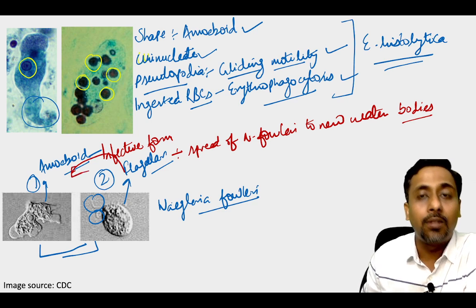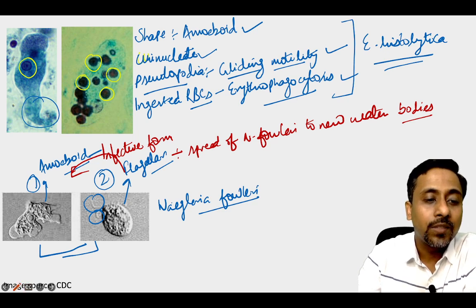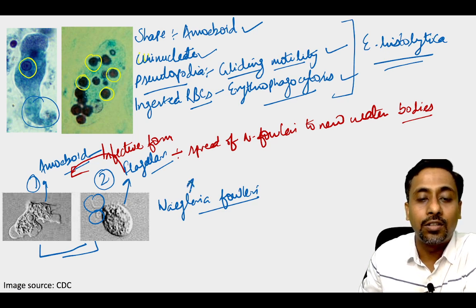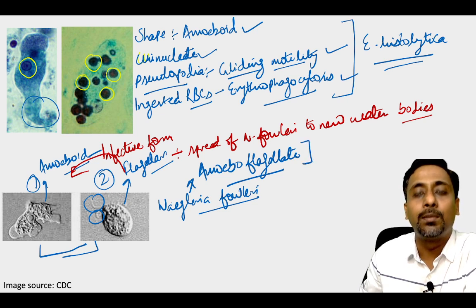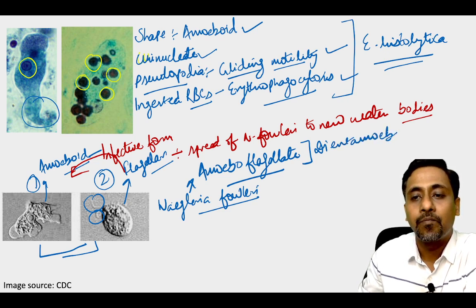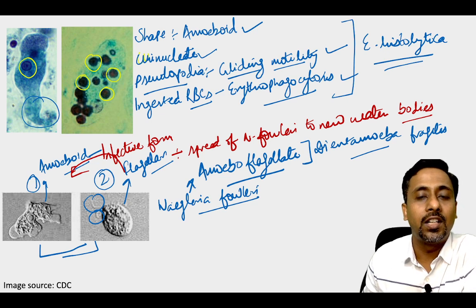So this flagellar form can transform into amoeboid form, and that's why Naegleria fowleri is also called amoeboflagellate. If you remember, I told you another amoeboflagellate, that is Dientamoeba fragilis. So this is the characteristic of trophozoite of Naegleria fowleri.